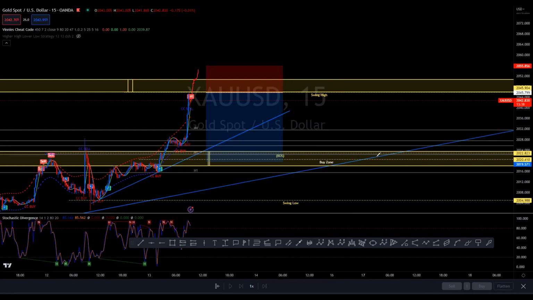If it does, then you might not take that buy, but it's a little risky because price is over the buy at this point. But we'll see. So let's wait and see.